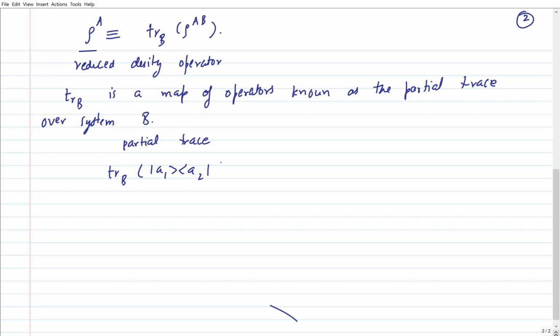Let's say I have a, by definition, the partial trace is I leave this as it is, and I have a trace operation B1, B2 on the system B. So A1 and A2 and B1 and B2 can be any vectors in the Hilbert space of A and B respectively.